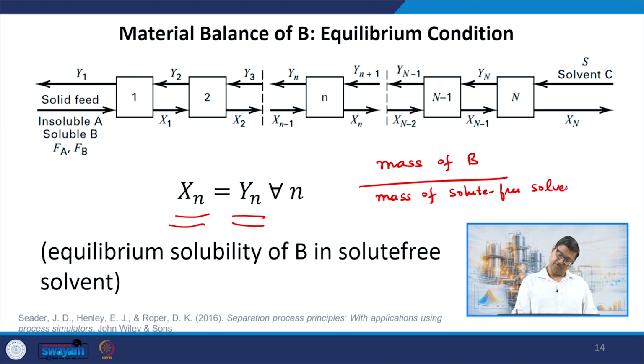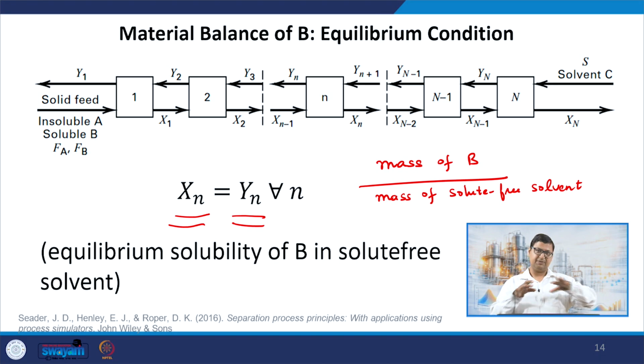So in a condition of equilibrium, this quantity will refer to some sort of an equilibrium solubility of B in the solvent, and that is going to be the same in the overflow and the underflow, right? Whether the equilibrium will be attained or not is a separate story, and we will talk about it later.